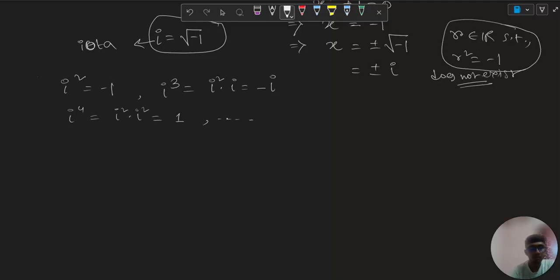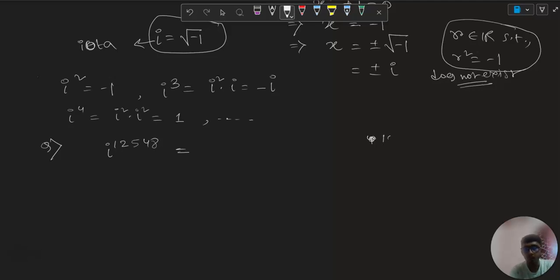Here is a little question. Can we compute iota to the power, suppose, 12548? How do you compute this? See, for 12548, we try to see whether 4 divides this or not. 4 divides 12548, right?